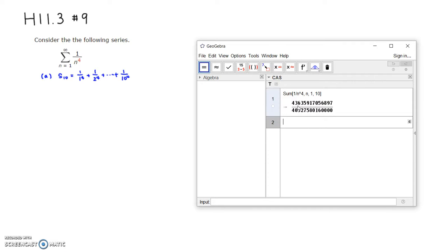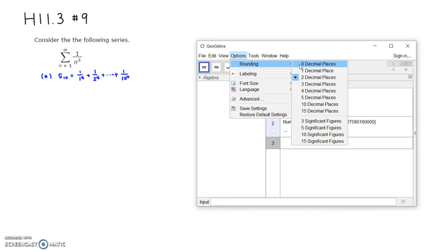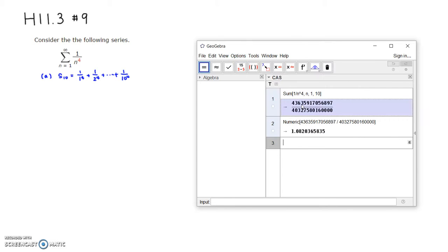It gives you a fraction value here, but I want the decimal, so I'll click Numeric, and it gives you a decimal value. Actually, I'm going to change it to 10 decimal places. This came out to be 1.082037.